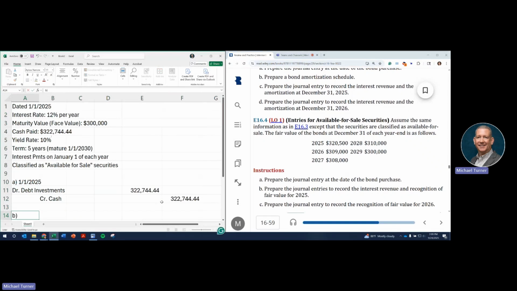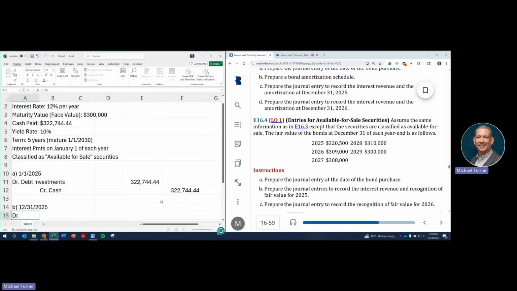So B is asking us for the journal entries to record the interest revenue and recognition of fair value for 2025. So let's first do the interest revenue. And this is 12/31/2025. Okay, so the interest payments are received on January 1st. So therefore, at December 31st, I have a receivable.